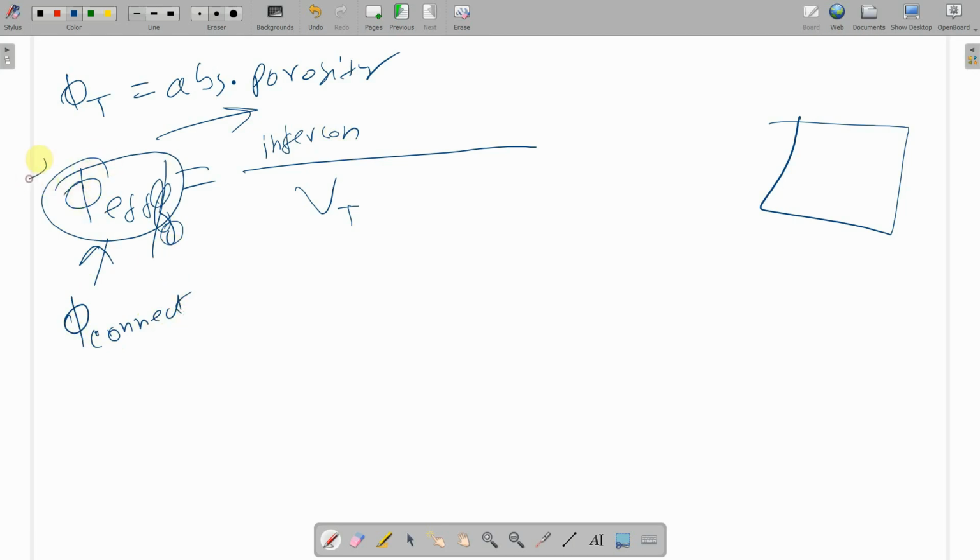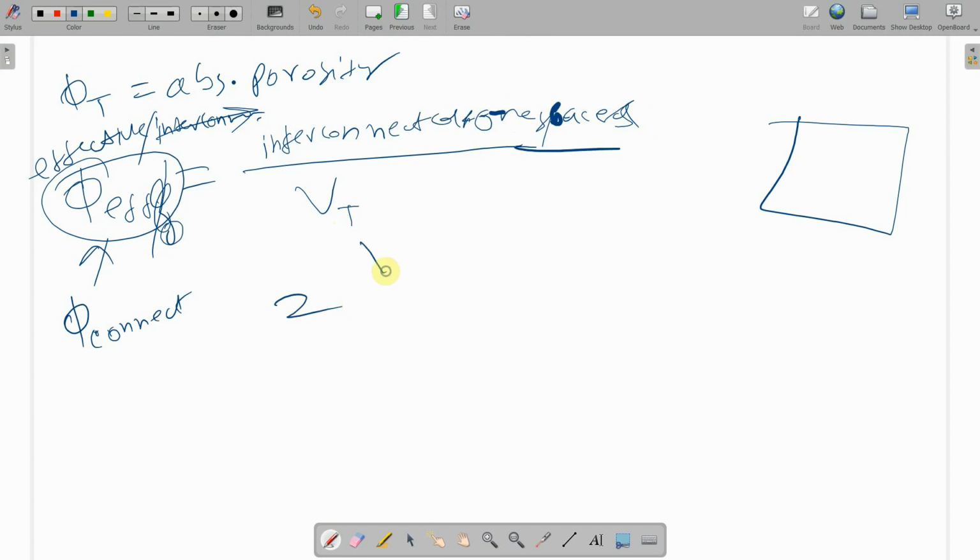You will be considering only interconnected pore spaces, divided by Vt. Let's say interconnected pore spaces are V connect divided by Vt. That will be your phi effective.